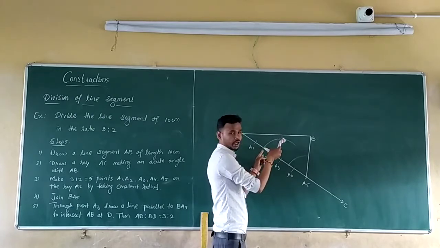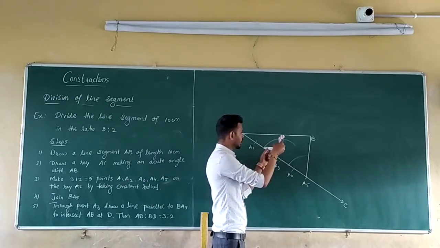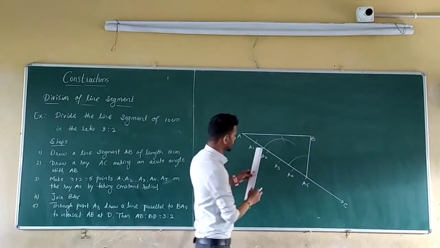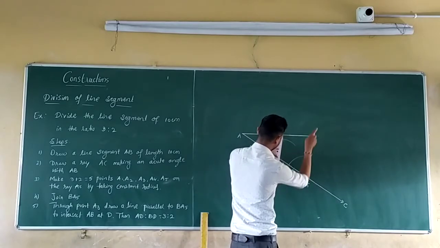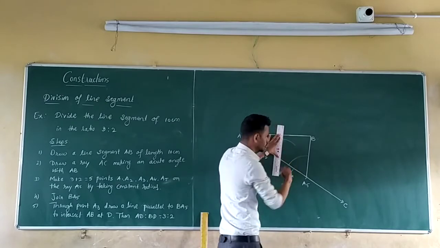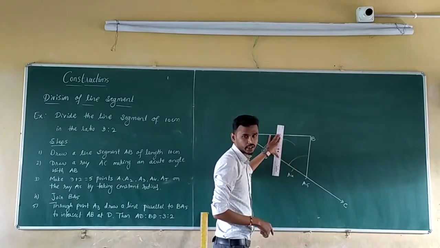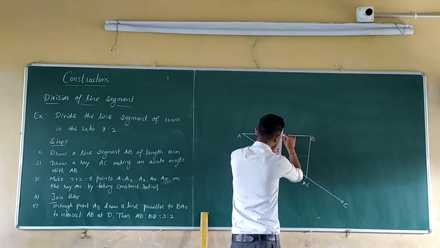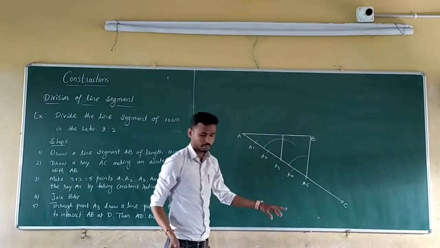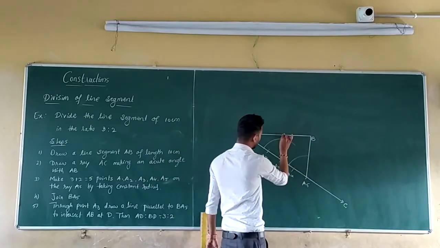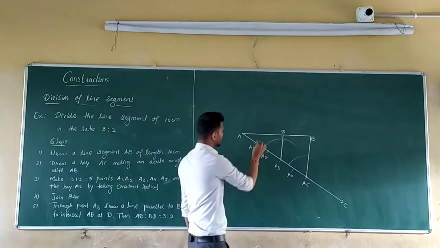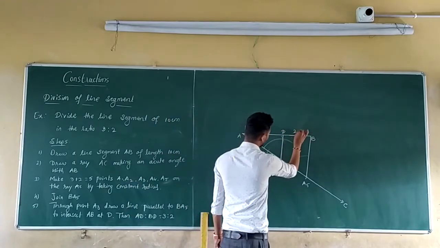Now draw the line from the point A3 passing through these crossing arcs. It will become parallel to BA5, and this point is D, and this will become 3:2.